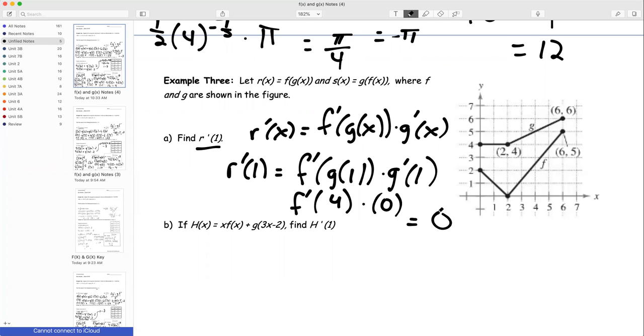So try the next one for me. If h of x is x times f of x plus g of 3x minus 2, find h prime of 1.